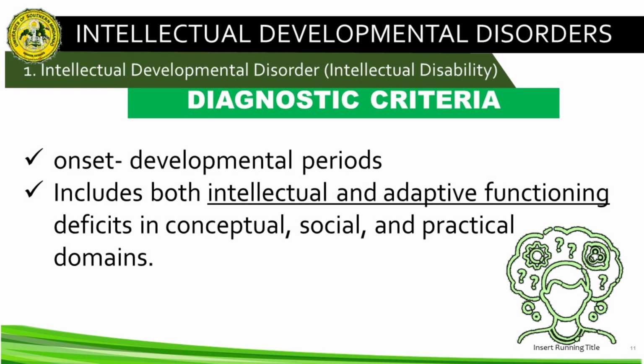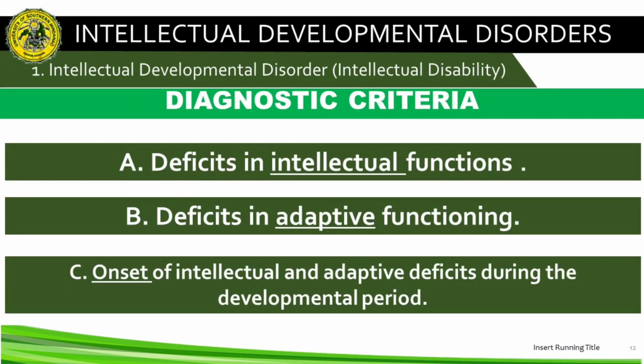So the following three criteria must be met. First, we have the deficits in intellectual functions such as reasoning, problem solving, planning, abstract thinking, judgment, academic learning, and learning from experience, confirmed by both ng clinical assessment and individualized standardized na mga intelligence testing.